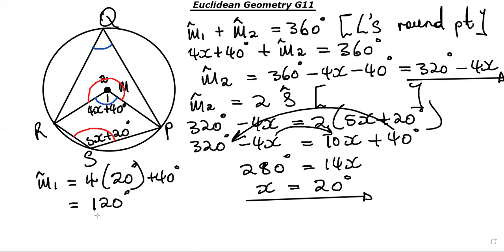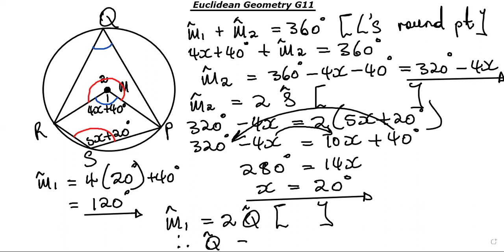So this is the numerical value of angle M1. Then you say the angle at the center, M1, is twice the angle at the circumference, which is just angle Q. And then you can say, therefore, angle Q is half of M1. So it's just going to be 60 degrees.